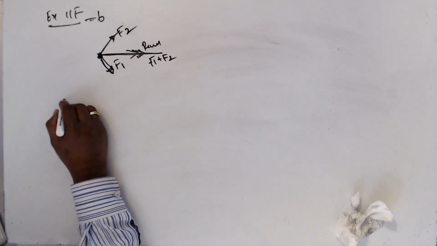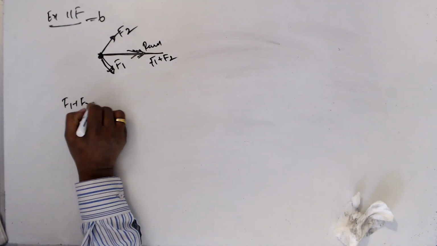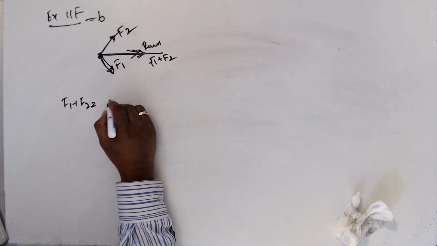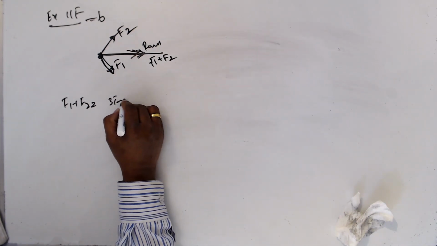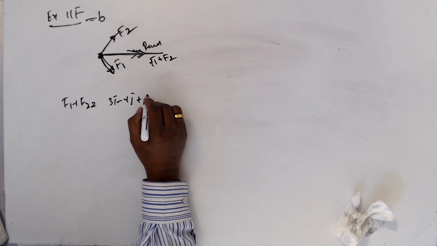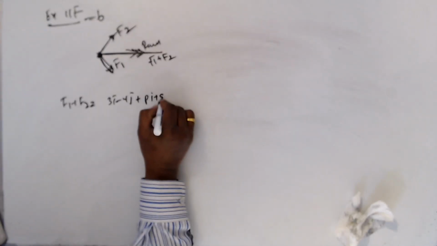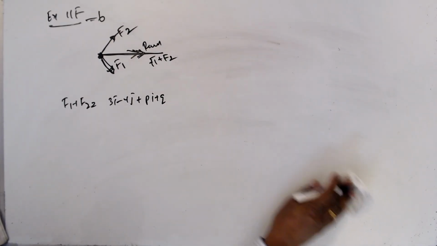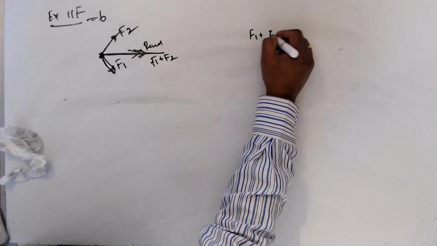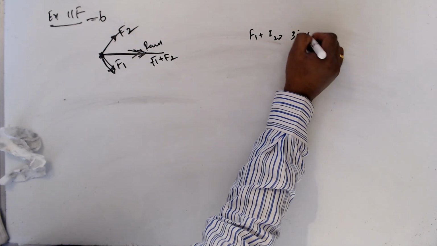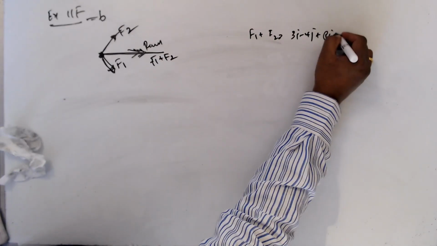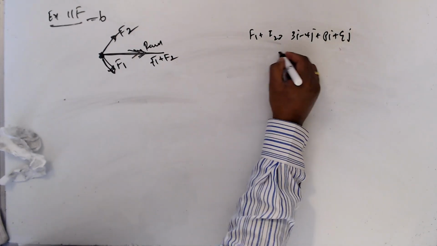So what is F1 plus F2? 3i minus 4j plus pi plus qj.